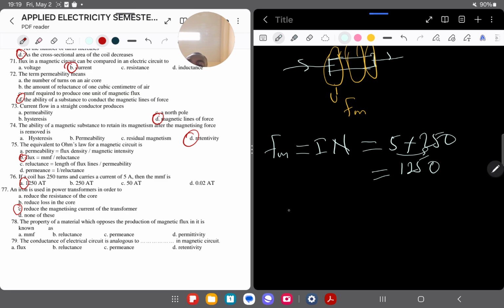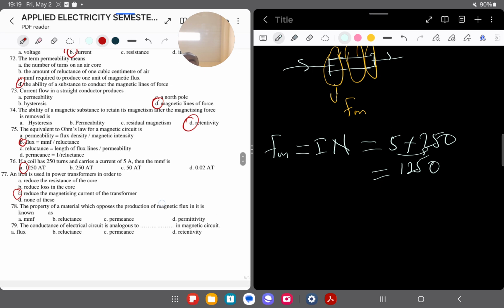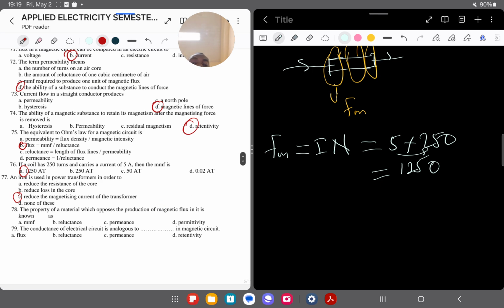That resistance is going to oppose the flow of current. So by inserting the iron, you are going to reduce the magnetizing current. So the answer here is C, because of the resistance of the iron.